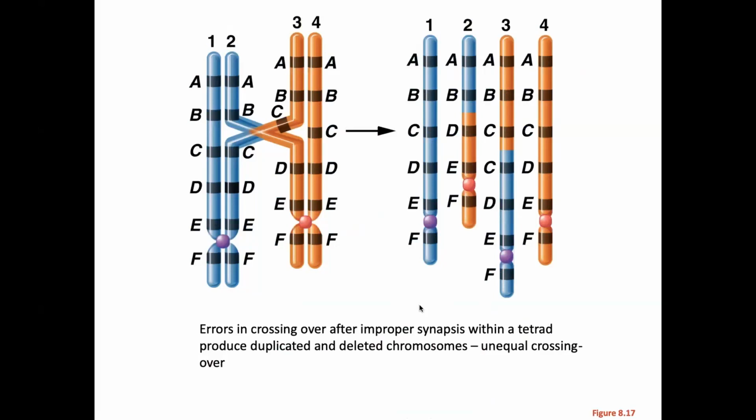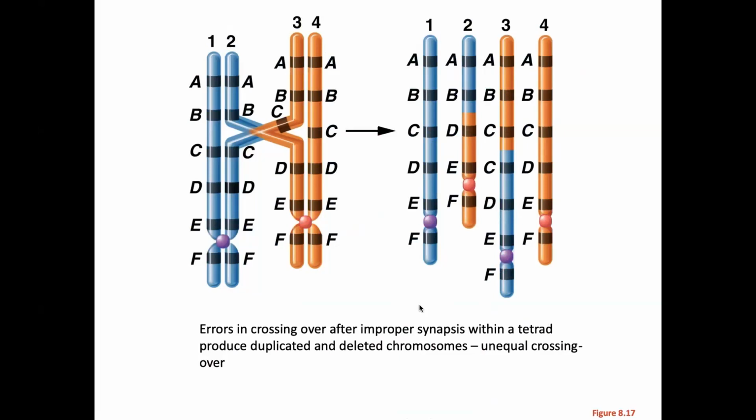What do we know about chromosome replication? Well, we know that replication of genetic information takes place during the S phase of the cell cycle, either mitotically or meiotically. So actually, errors in DNA replication during the S phase can give rise to duplicated versions of chromosomes.